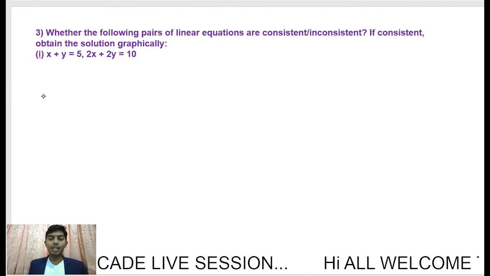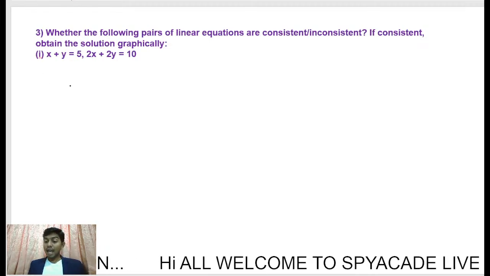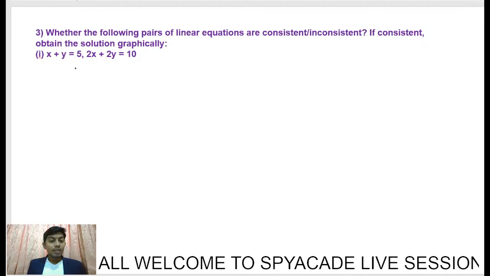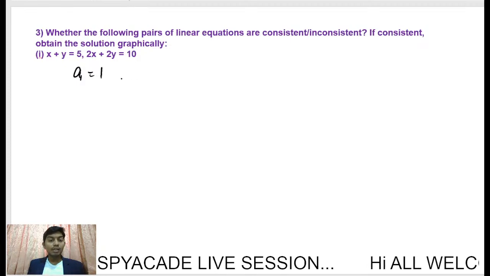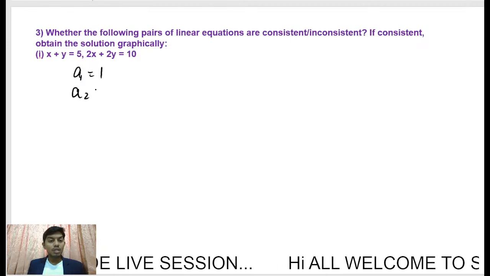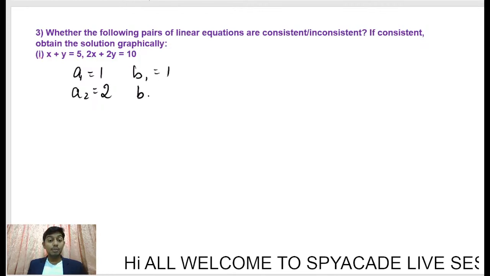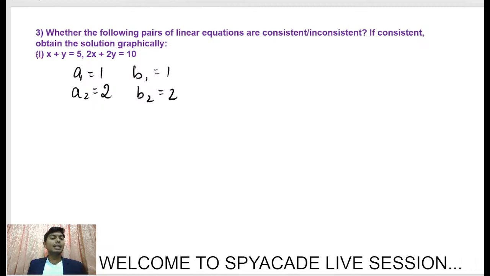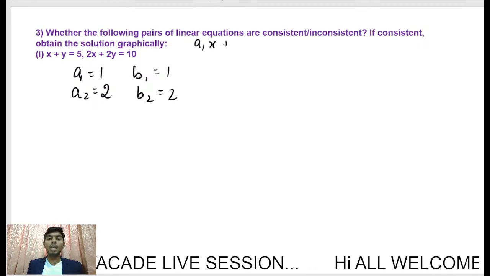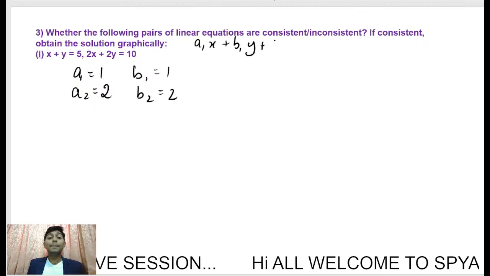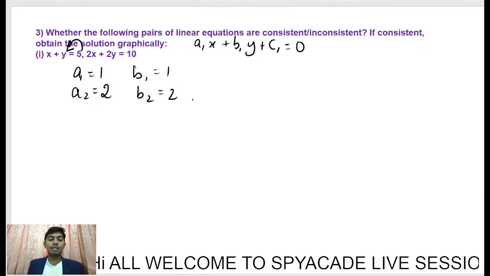Whether the following pairs of linear equations are consistent or inconsistent. So we have to just compare, right? A1 is going to be 1, and A2 is going to be 2, and B1 is going to be 1, and B2 is going to be 2. And here it is not in the general form, because our general form is A1x plus B1y plus C1 is equal to 0, so you can take this constant to this side.